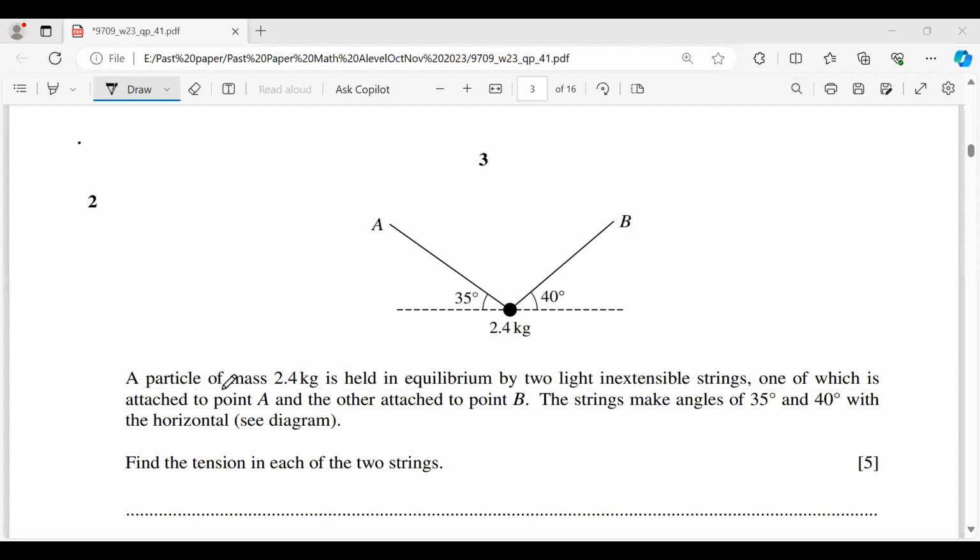Number 2. A particle of mass 2.4 kg is held in equilibrium by two light inextensible strings. These are the strings, one of which is attached to point A and the other attached to point B. The strings make angles of 35 and 40 degrees with the horizontal. Sketch the diagram.